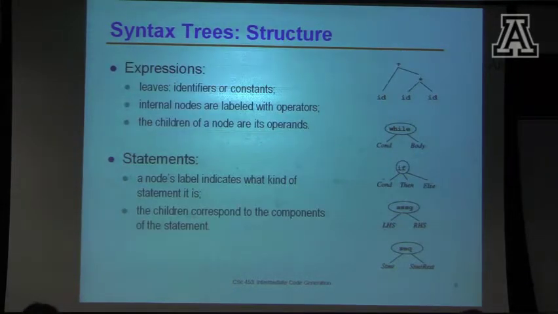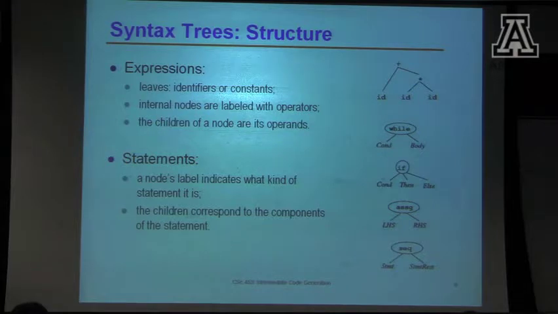Here's a quick summary, generalizing that idea. We have different kinds of computations in my language. What do my syntax trees look like? For expressions, your leaves are identifiers or constants, or whatever bottom-level base computations you have.